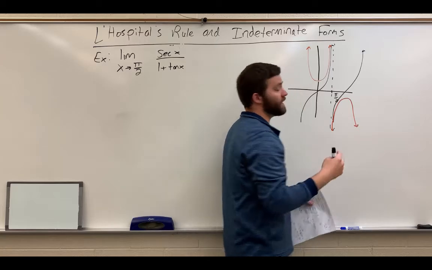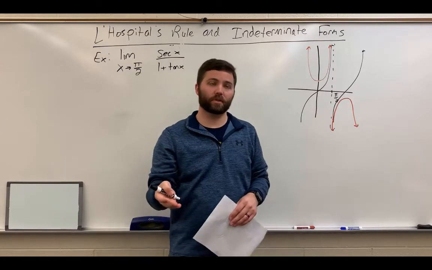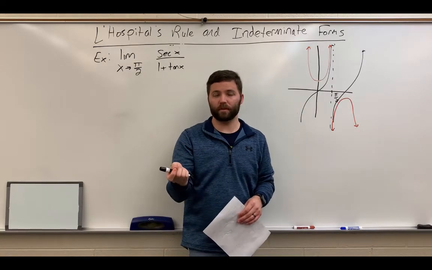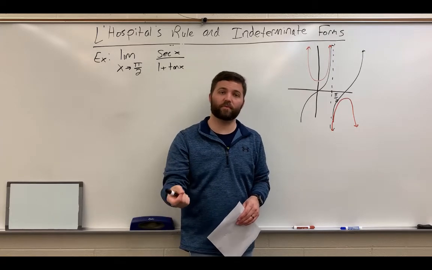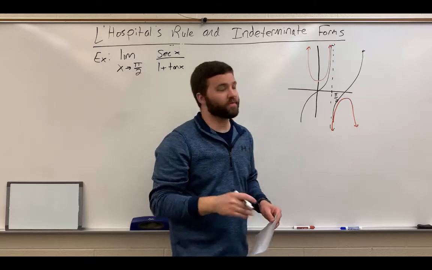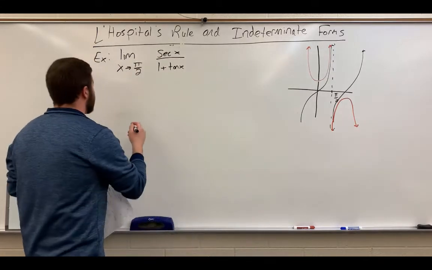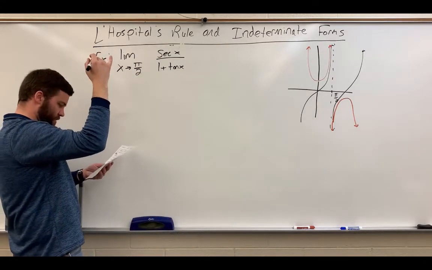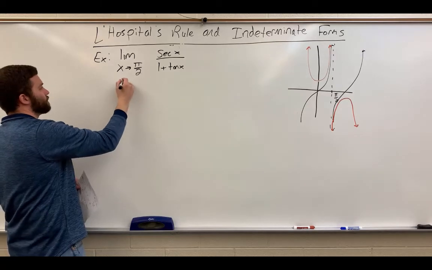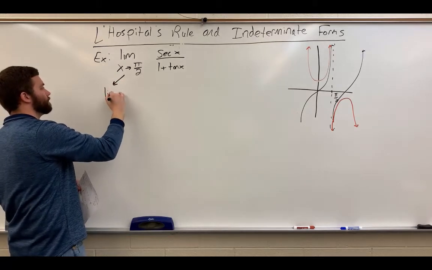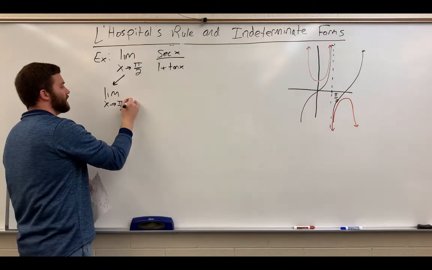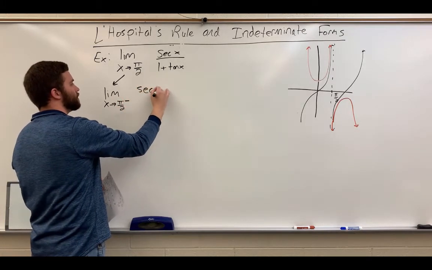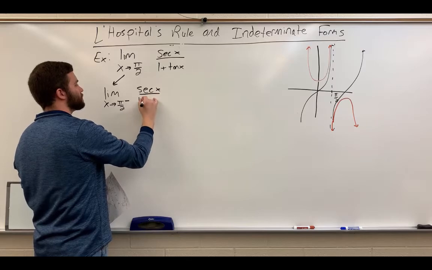So what we need to do is analyze each side of the limit, and then if each side goes to the same place, we say the limit exists and it is that value. So let's check the left-hand limit first. Not that it really matters. So we'll take the limit as x approaches pi over 2 from the left of secant over 1 plus tangent.